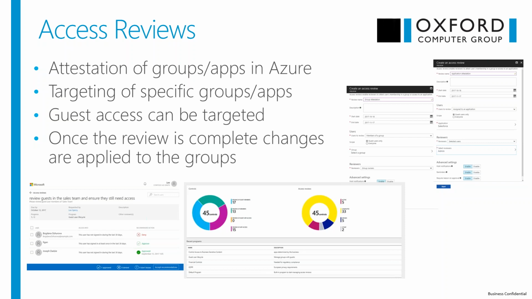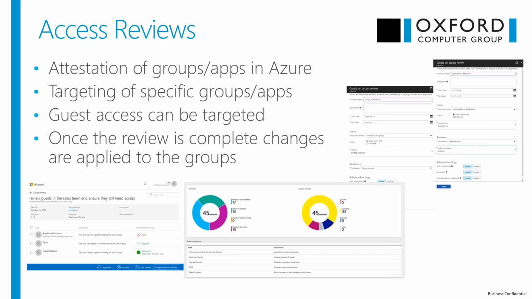It integrates with Microsoft Identity Manager. But this, to me, and everything that I've seen and demoed with it, it's still in preview, looks to be an attestation campaign for groups in the cloud. And so you can actually run attestation campaigns, defining either the group owner or somebody else, and you can send out attestation campaigns on those groups.